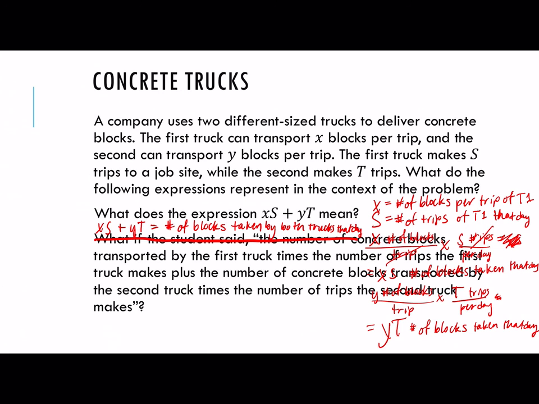So when we multiply the number of blocks per trip times the number of trips, that's the total number of blocks. We've taken some blocks to the job site, then another number of blocks per trip to the job site. And as the day goes on, we're piling a mass of blocks there.